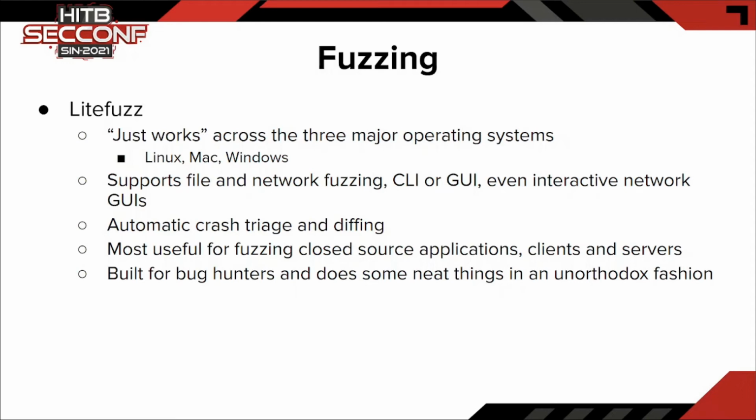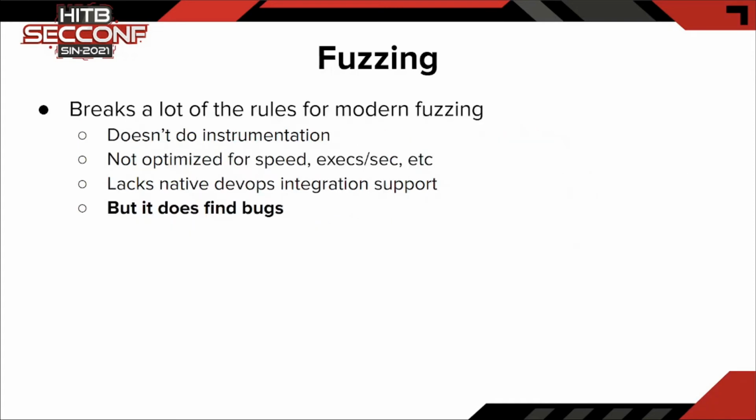I'll go over some of the trade-offs as well, but it does some pretty neat things in unorthodox fashions. It breaks a lot of the rules of modern fuzzing. It doesn't do instrumentation. That was not a goal of the project. Again, AFL++ is great at that. Other frameworks are too. It's not meant for speed. Again, instrumentation is going to give you a lot of the speed, and different kernel tricks or OS tricks that AFL employs.